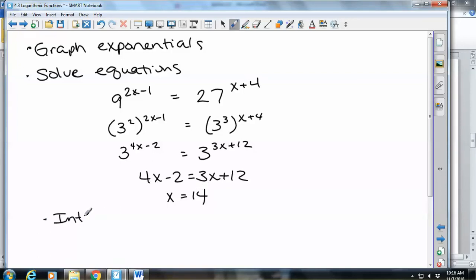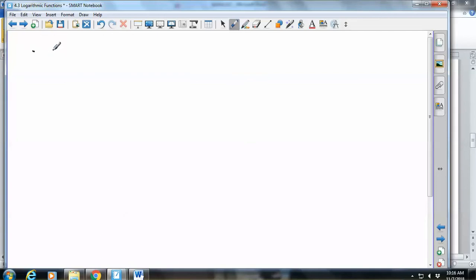Interest was in there as well. Remember, I would give you the formula, you just have to be able to plug into it. A equals P e to the rt. The only time you use that one is if I say continuous, otherwise you're using just your regular compounding formula. And then section 3 is what we are doing right now with the logs, so you should be able to graph the logs.